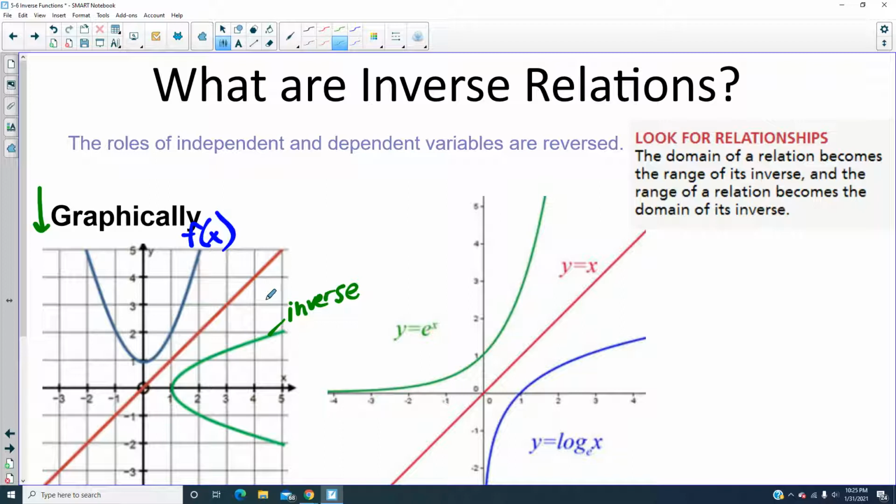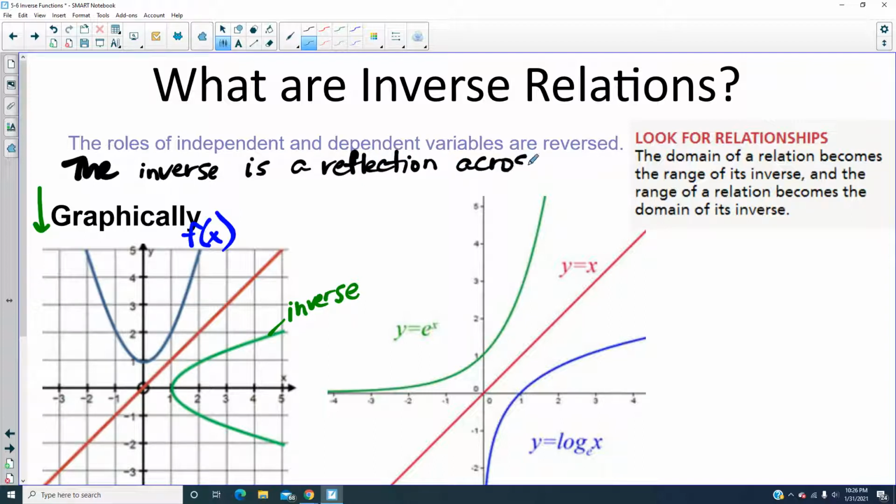Now, what do inverse relations look like graphically? Well, graphically, the inverse is a reflection across the line y equals x.